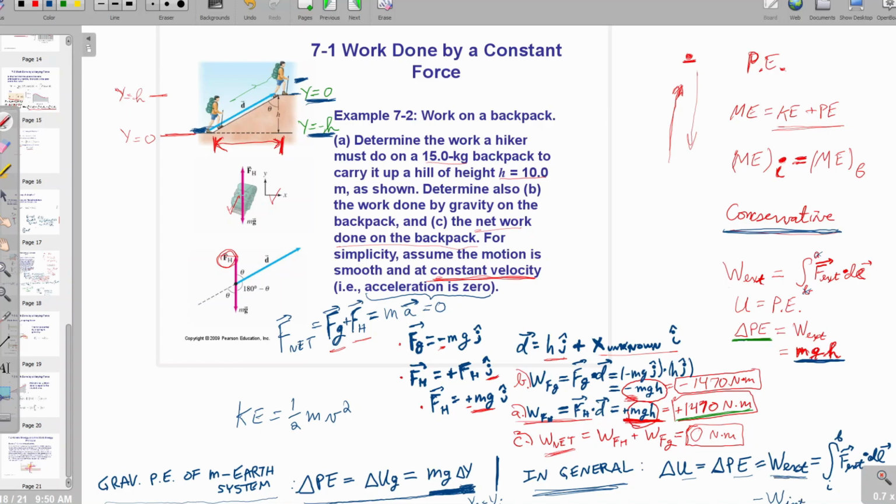What I like about writing it this way, the external work, is that, just looking at this case here, right? There is an external force that brings about this rise in potential energy. And I like this way of writing it because it tracks with your intuition.